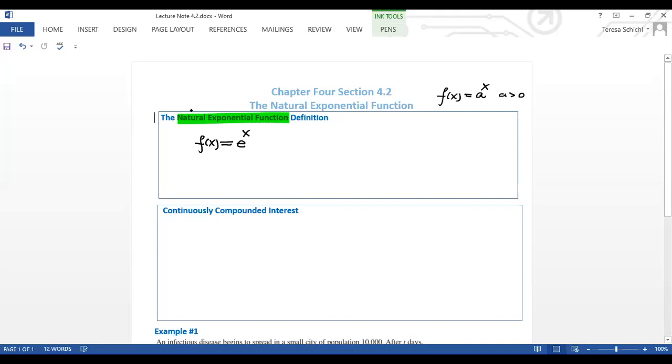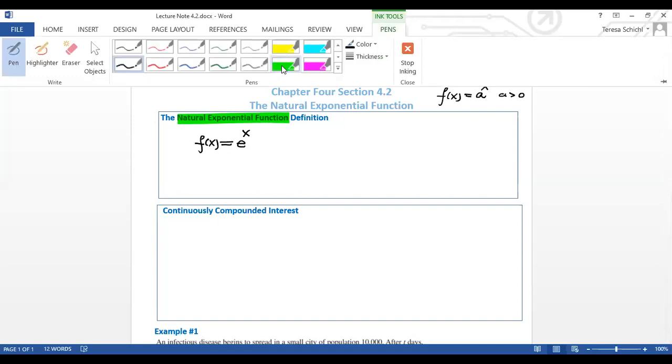Okay, so e is an irrational number, similar to pi, and e is 2.7128 and so on.